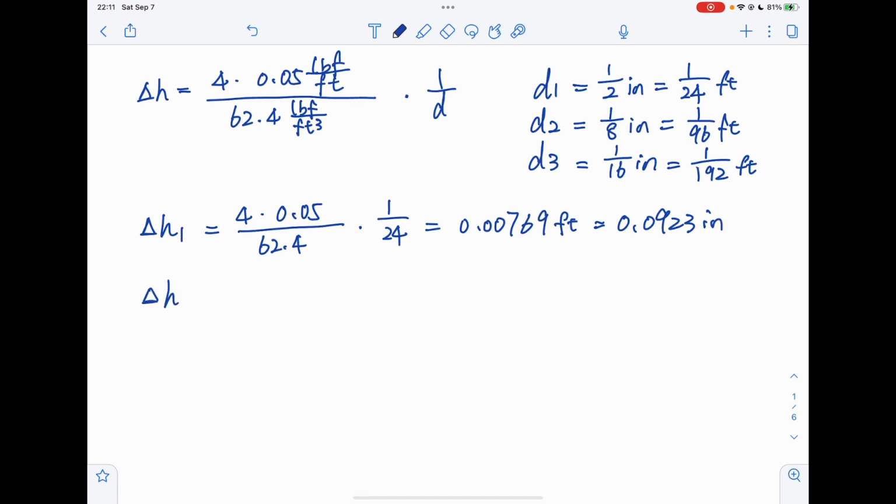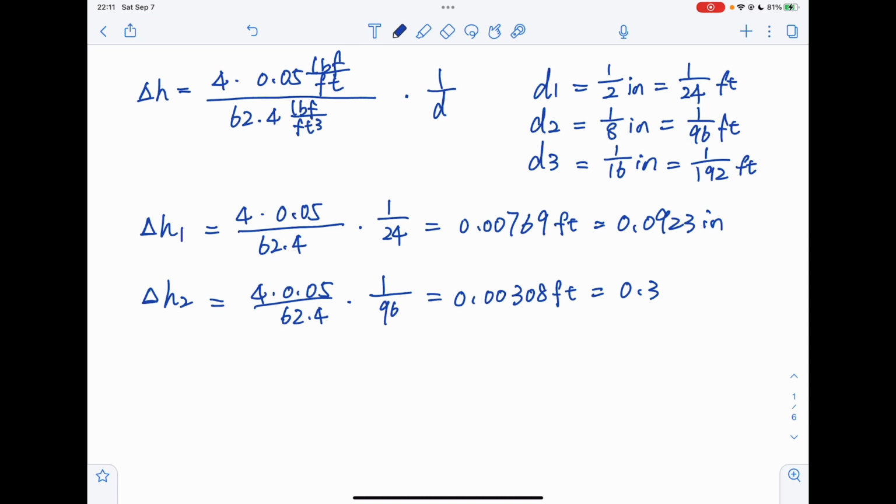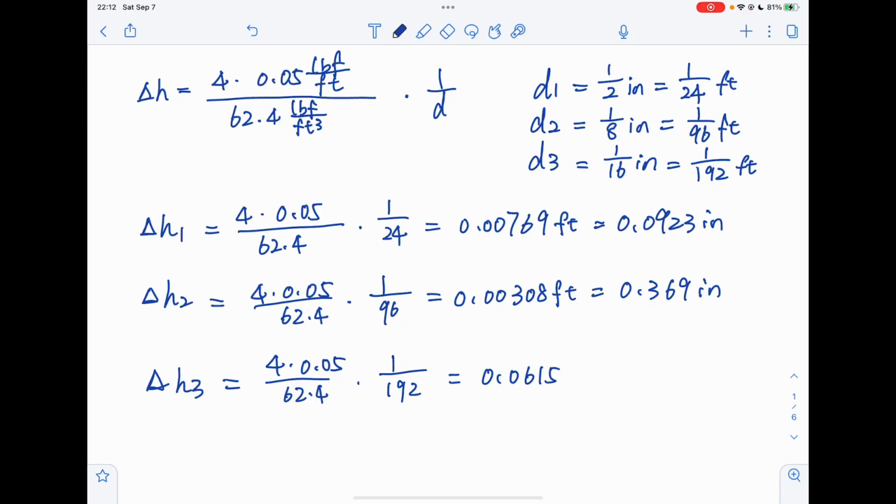And delta H2 equals 4 times 0.05 over 62.4 times 1/96, which gives us 0.00708 feet, which is 0.369 inch, and our delta H3 equals 4 times 0.05 over 62.4 times 1/192, which gives us 0.0615 feet, equal to 0.739 inch.